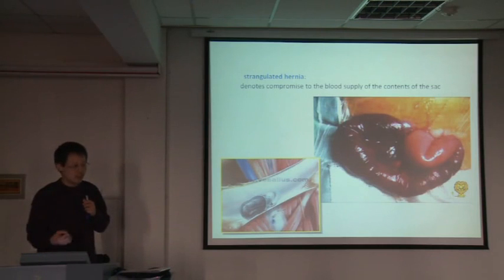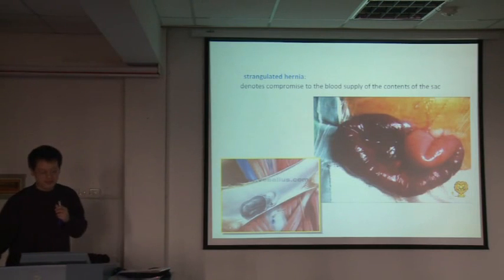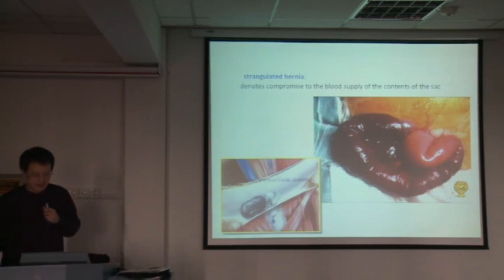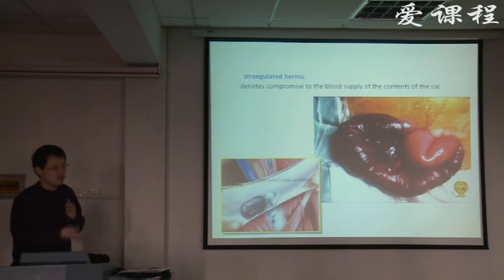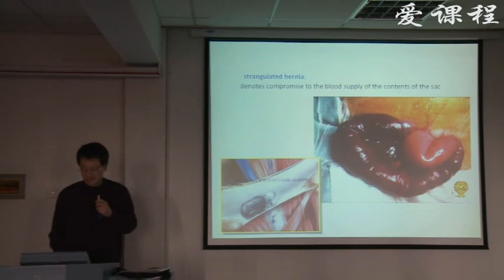At this time, the necrosis occurs. So this is a very typical image of necrotic intestine. You see here, this is okay. This is only venous congestion. But here, this is totally necrosis. So we have to remove this necrotic intestine.